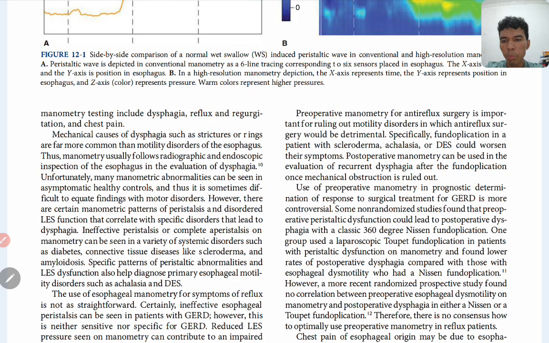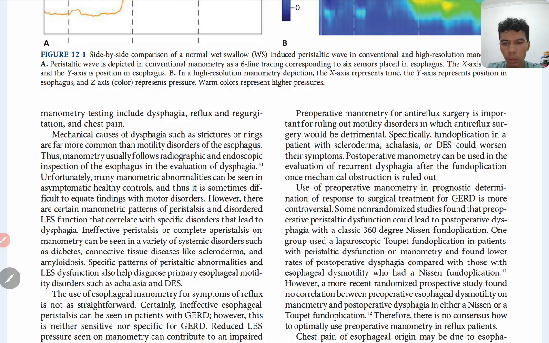Unfortunately, many manometric abnormalities can be seen in asymptomatic healthy controls, and thus it is sometimes difficult to equate findings with motor disorder. However, there are certain manometric patterns of peristalsis and LES dysfunction that correlate with specific disorders that lead to dysphagia.